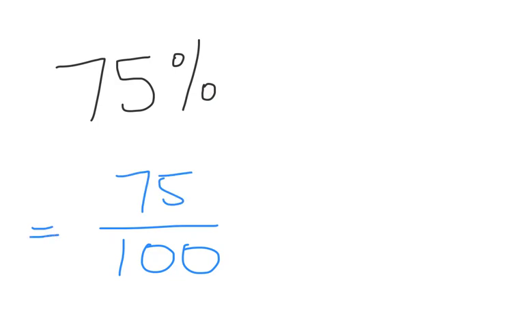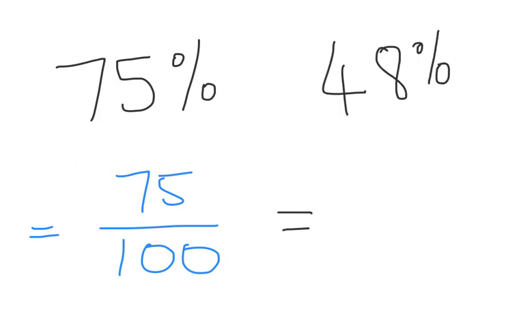So if you have 48%, that just means it equals 48 over 100. So any percent means that number divided by 100. Let me just show you something else.